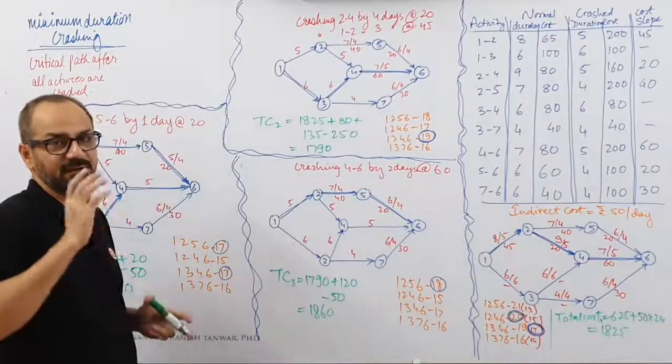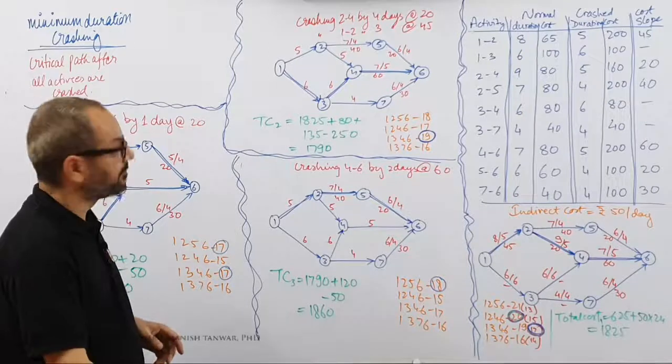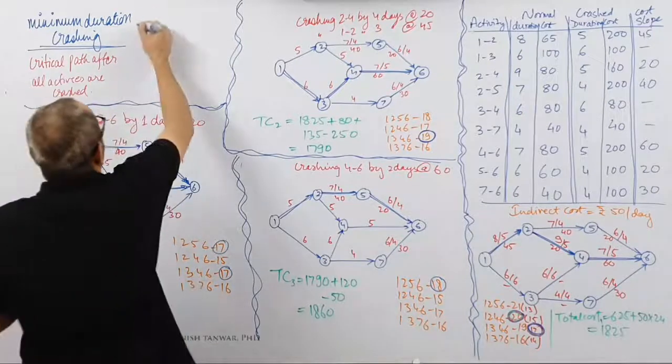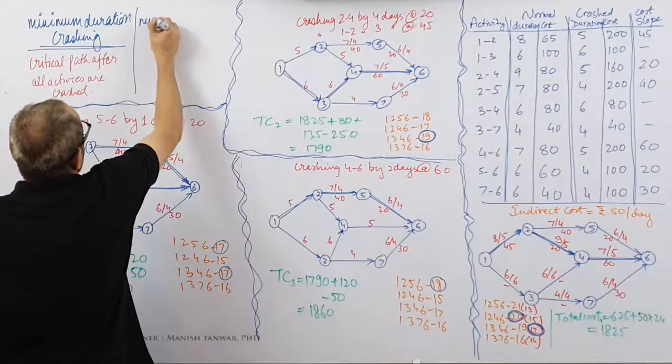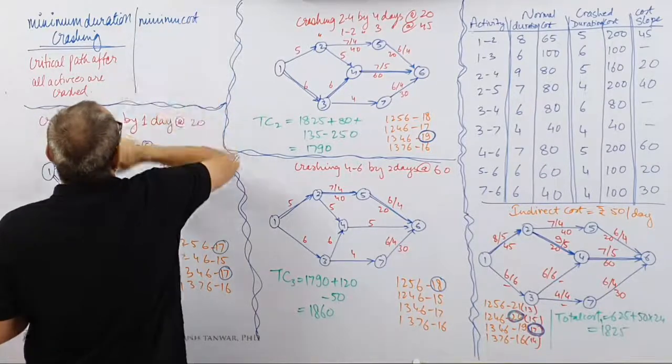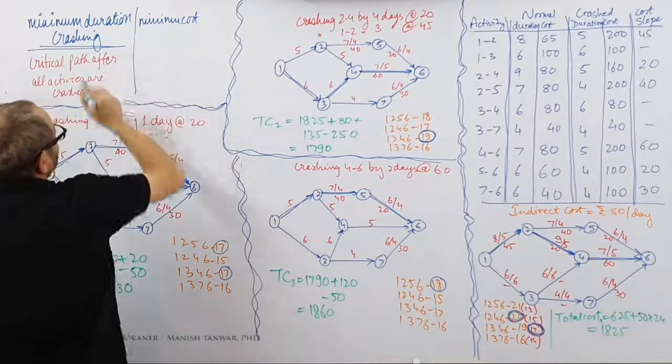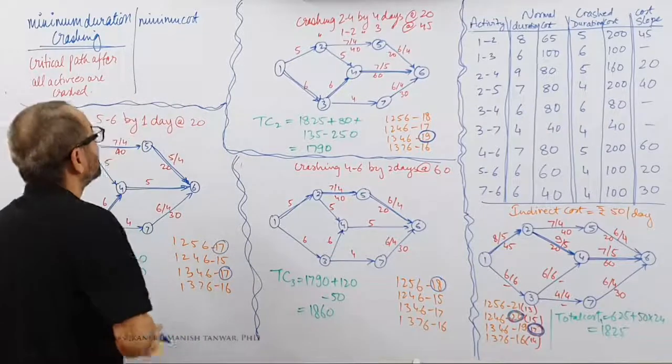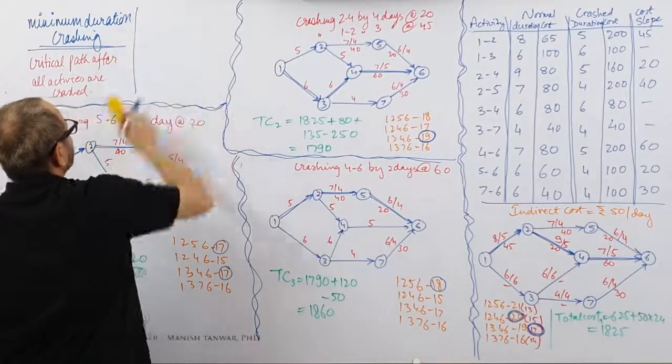I have saved 7 days. Now if we compare it to minimum cost, or let us say this is minimum duration, if we compare it to optimum duration.